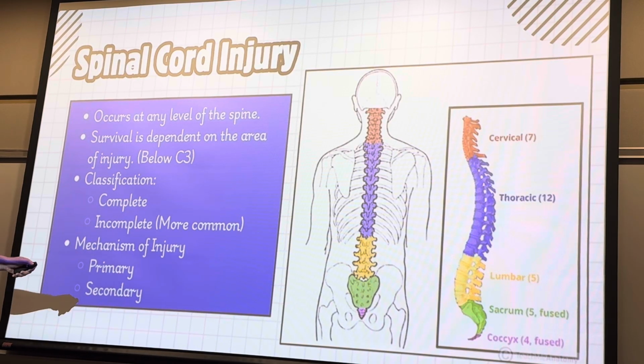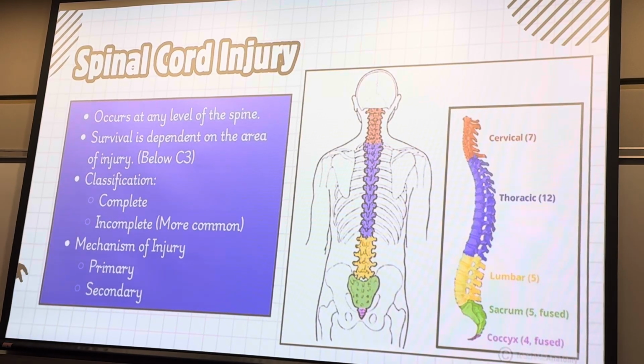So if I have an injury at C7, everything below C7, all my nerve endings, all that nerve wiring that affects all the movement, my bladder control, how I move my arms, my diaphragm, how I breathe, anything below that injury is going to be completely affected. It eliminates all that nerve ending. That's going to be your complete.